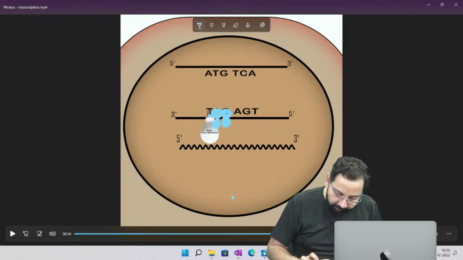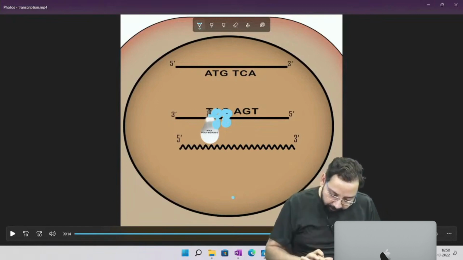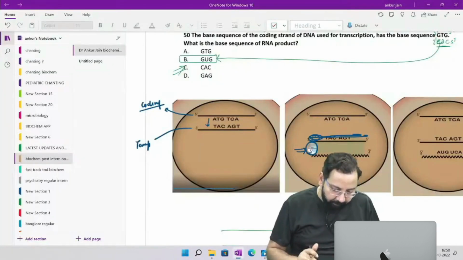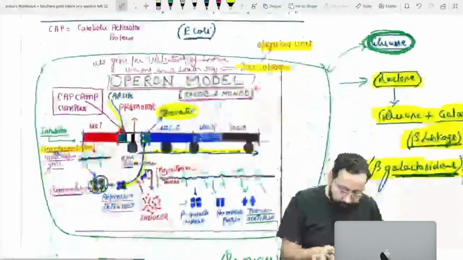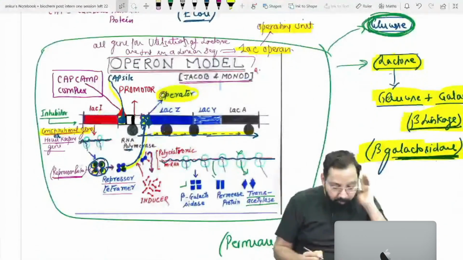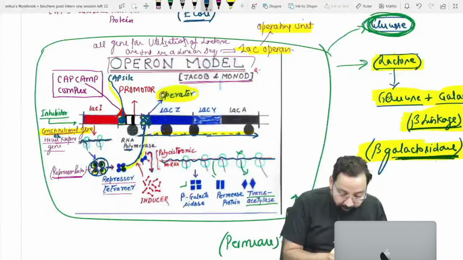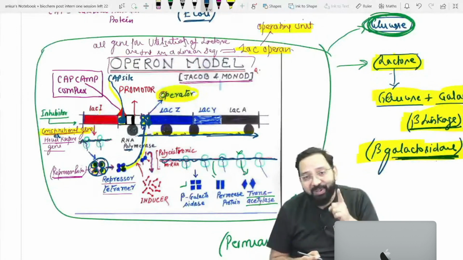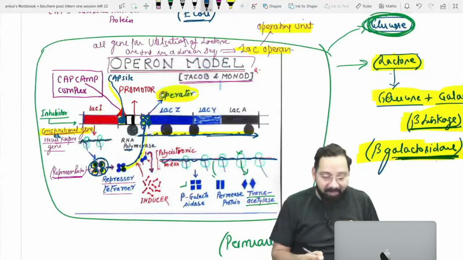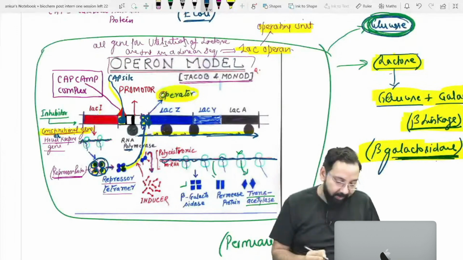It will inhibit it. Clear? So normally this RNA polymerase will not synthesize this messenger RNA, and actually this is not required because glucose is present.